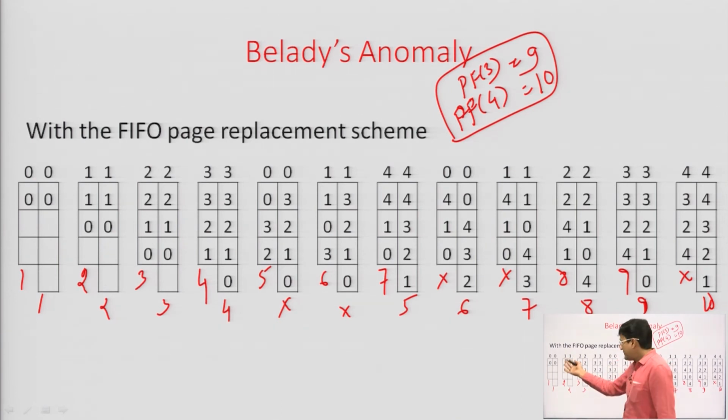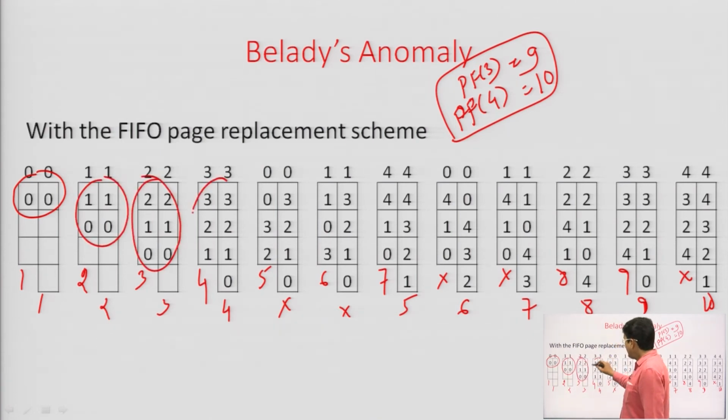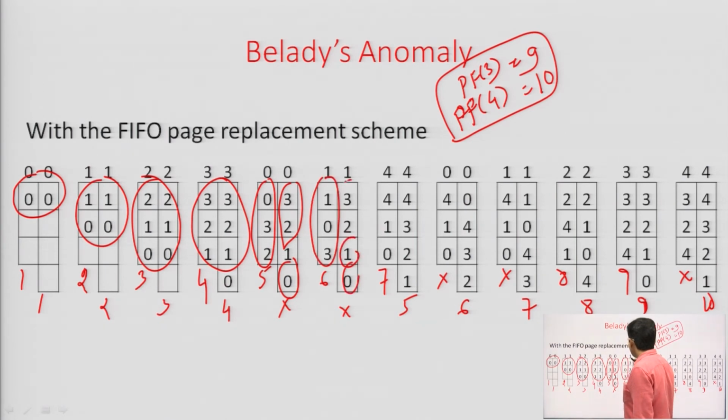Because you can see with the example: 0, 0 is present in both; 1, 0 present in both; 2, 1, 0 present in both; 3, 2, 1 present in both; 0, 3, 2 is present in both; 1, 0, 3 are present in both; 4, 1, 0: 4 is present, 1 is present, but 0 is not present.